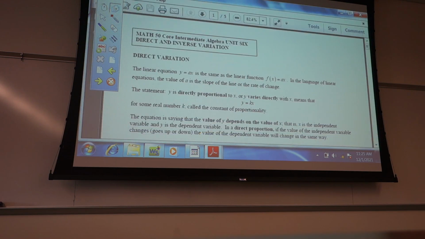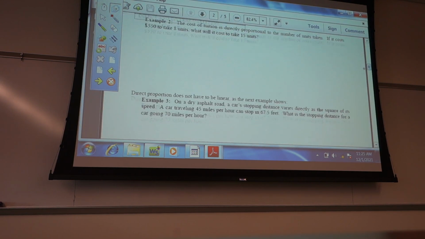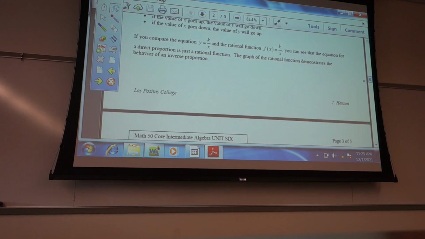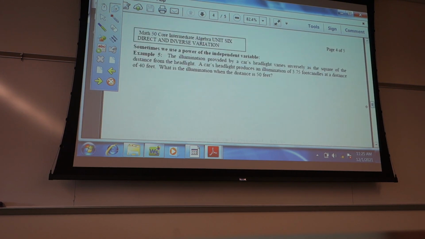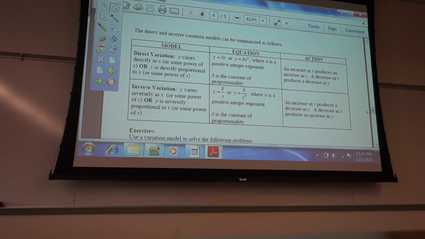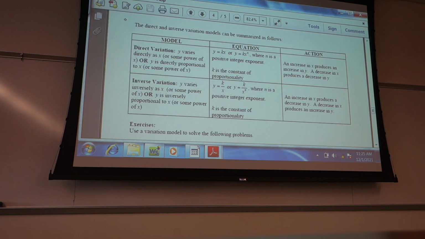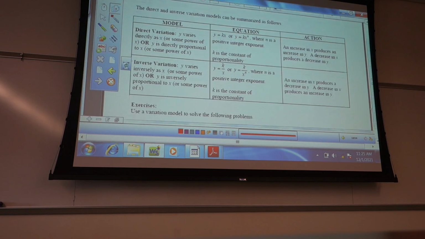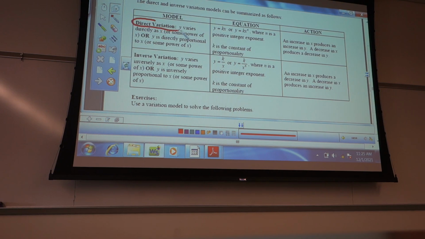And remember, there are 2 types of variation. There is direct, and how do you know? It will say varies directly or something like that, or is directly proportional. It'll have the word direct in it. And we're not going to use the square one, we're only going to talk about the one where it's linear.